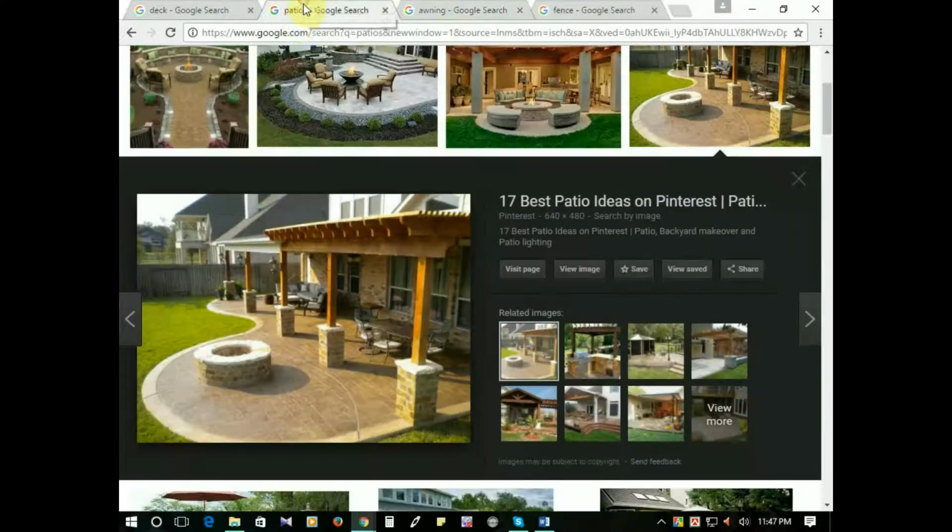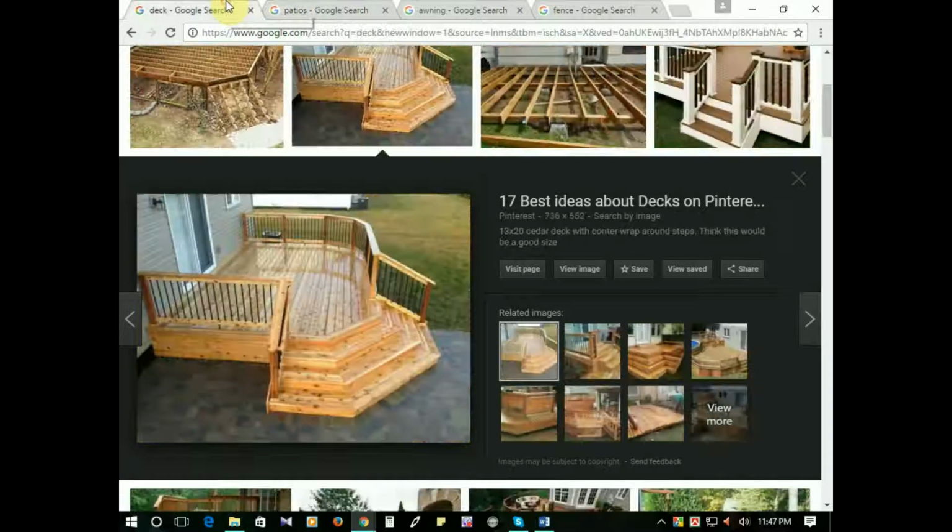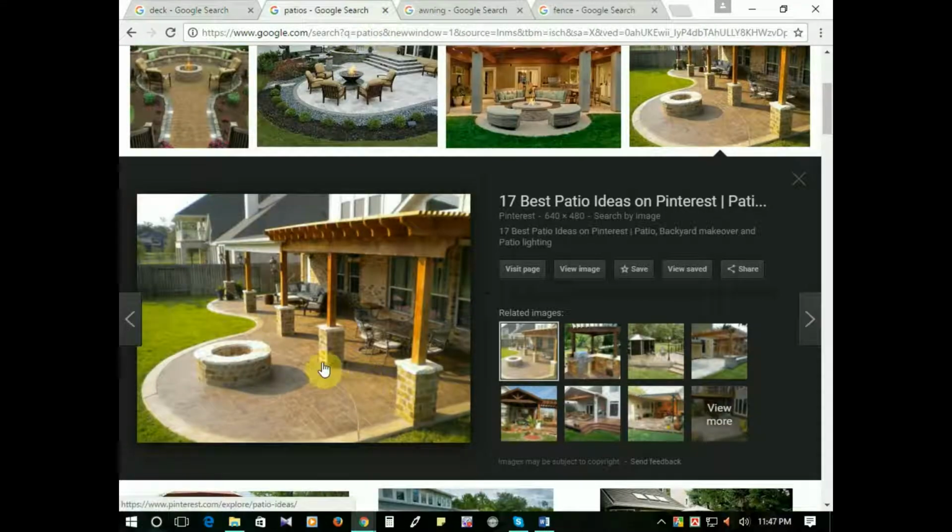So, if you see the picture, this is what a patio is, and as you can clearly see, they're very different from decks. Decks are a bit above the ground and are usually made of wood, while a patio is at ground level and will usually be made of tiles or cement, will be cementous.